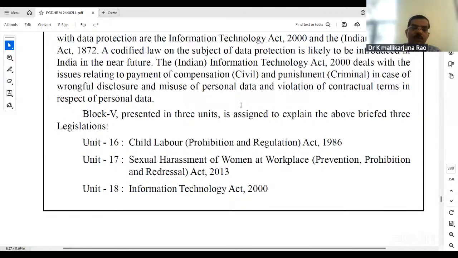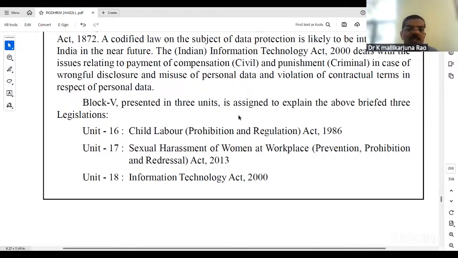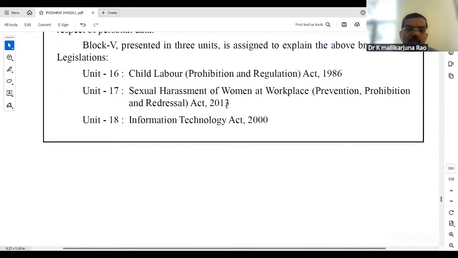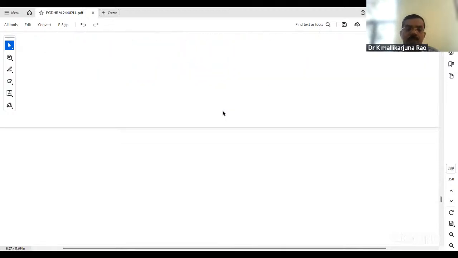Then we have one more unit, sexual harassment of women at workplace under the Prevention, Prohibition and Redressal Act 2013. It is not the Nirbhaya Act, though it is sometimes called the Nirbhaya Act. And we have one more act, that is the IT Act, Information Technology Act 2000. So these three units are covered under block number 5. We are going to discuss this part tomorrow.